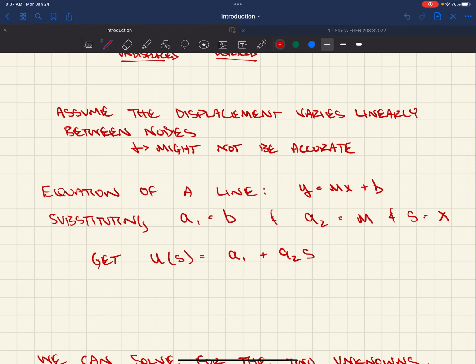Okay, this A1, A2 value. That's just for matrices later, or what? Yeah.